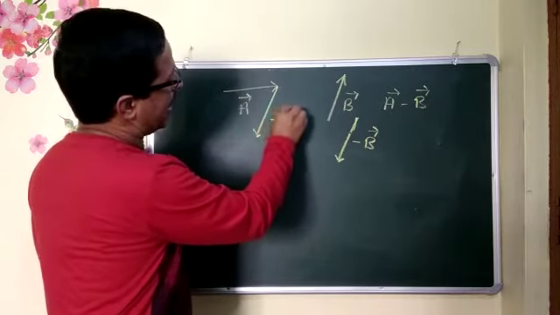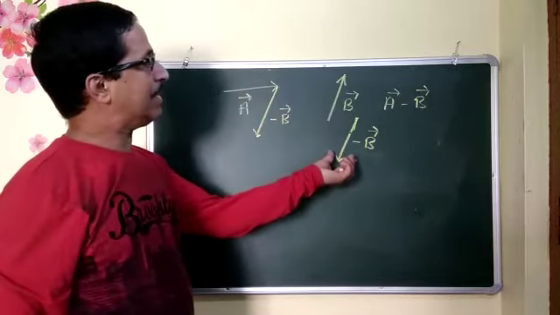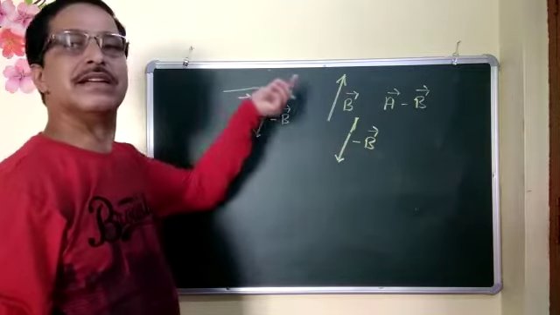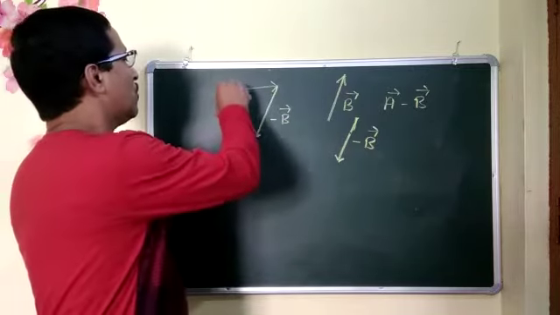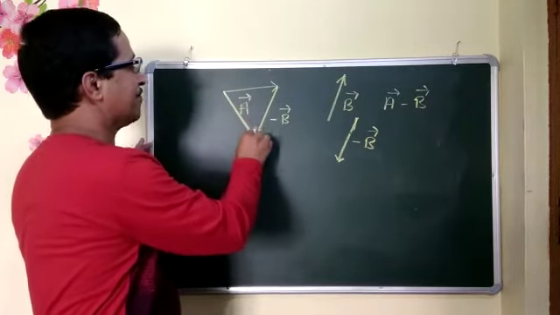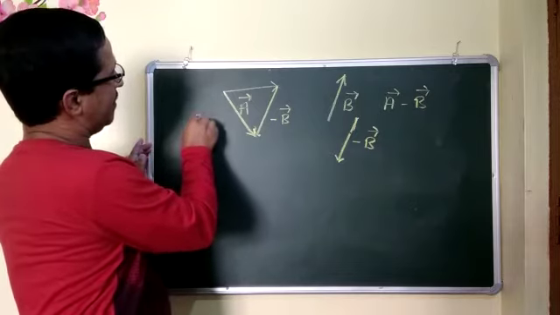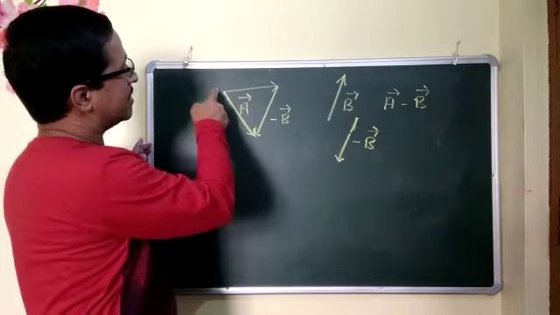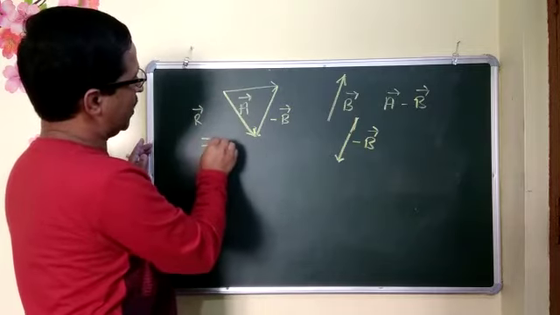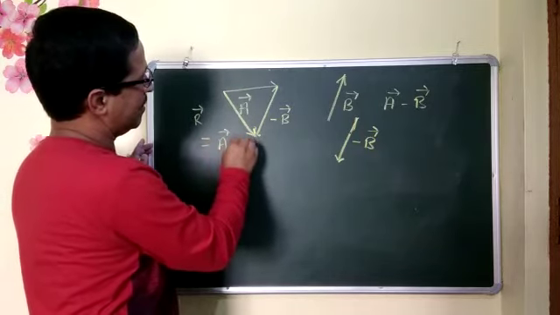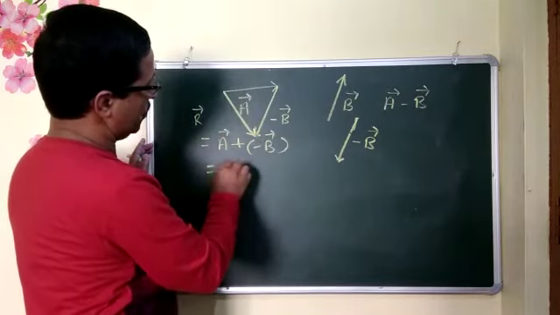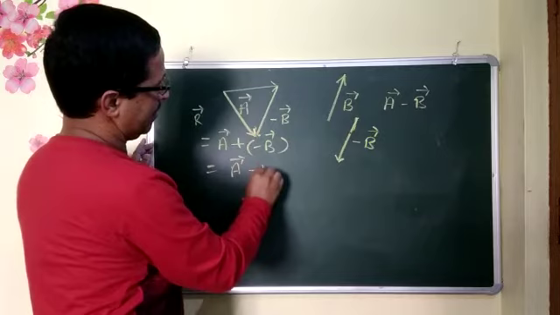What we have done now, I have connected the tail of minus B to the head of vector A. So this line segment will tell the difference A minus B, which is equal to A plus minus B is equal to A minus B.